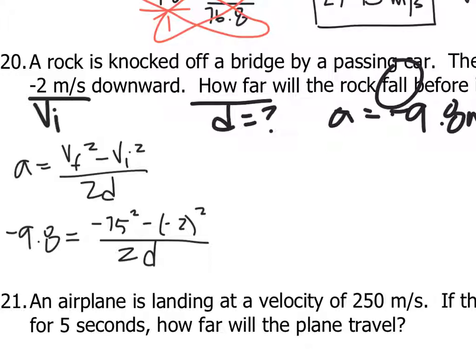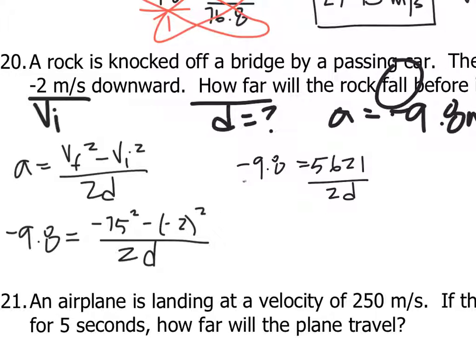When I take a negative 75 squared and subtract a negative 2 squared, I get a positive 5,621. I'm going to keep it written as over 2D equals a negative 9.8. And now I can cross multiply.